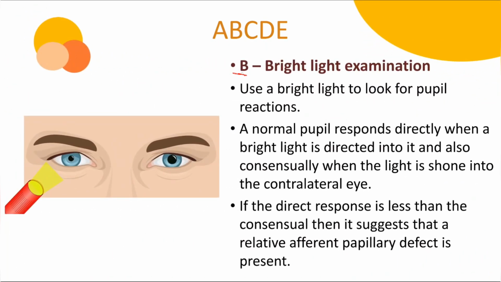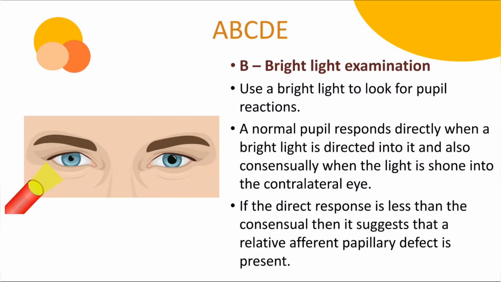Then on the B, you have to shine a light into the eye, which normally leads to constriction, and the other eye will also be constricting. This is called the contralateral eye, but sometimes there is a problem in the optic nerve which leads to a relative afferent pupillary defect.